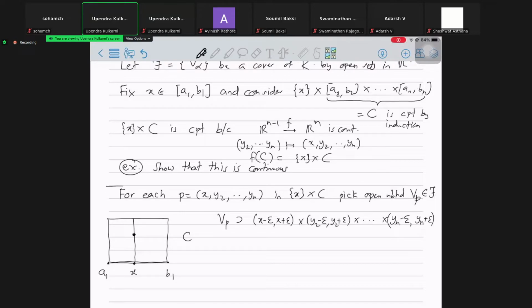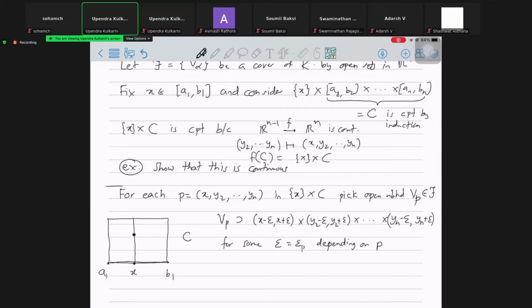And this value epsilon really depends on P, so epsilon sub P.